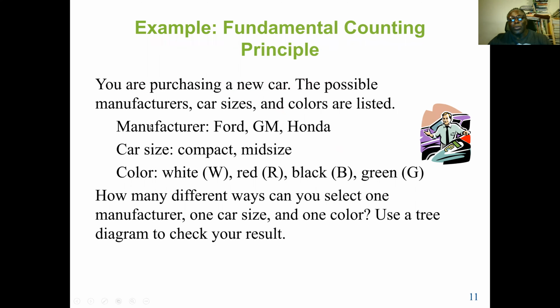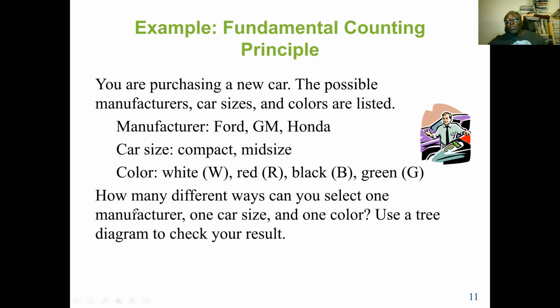So this is an example here. You are purchasing a new car. The possible manufacturers, car sizes, and colors are given. The manufacturers are Ford, GM, and Honda. The car size is either compact or mid-size. And the color is white, red, blue, or green.